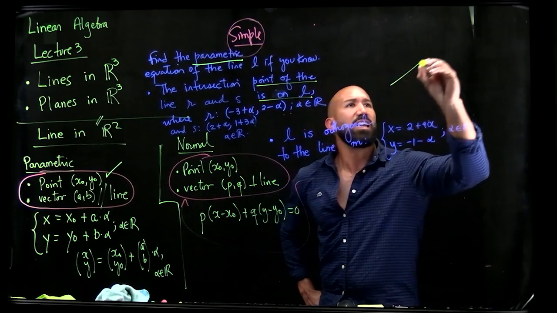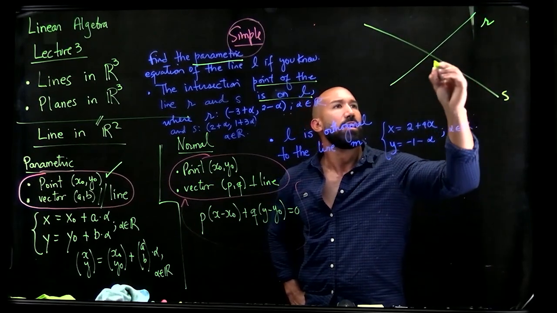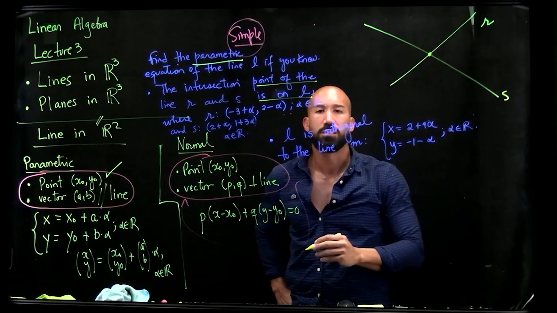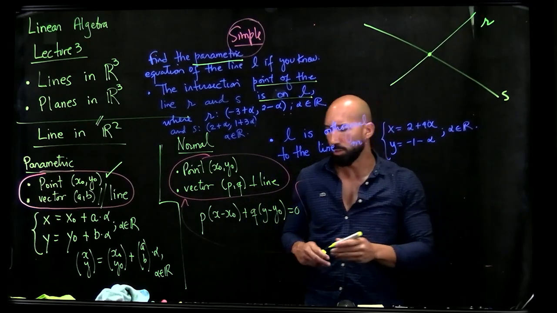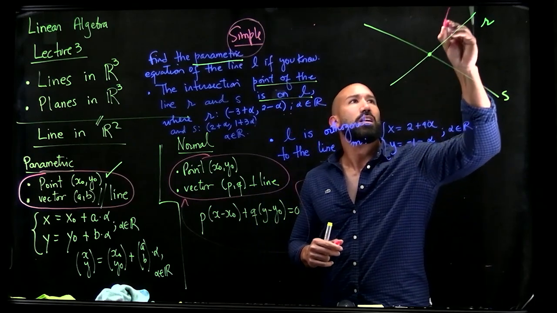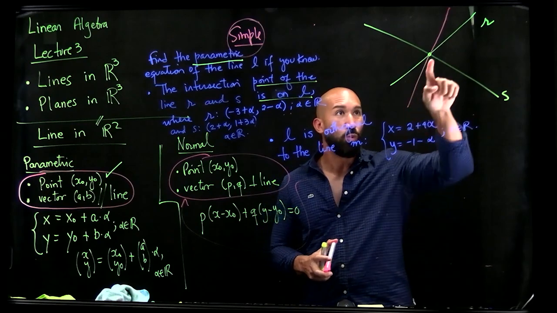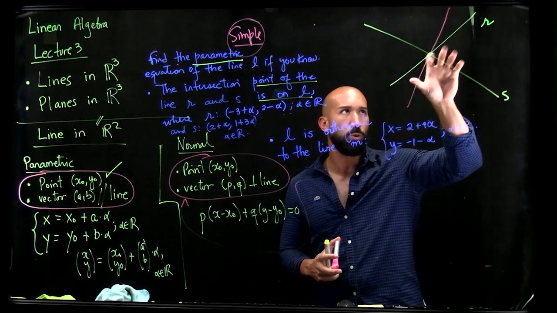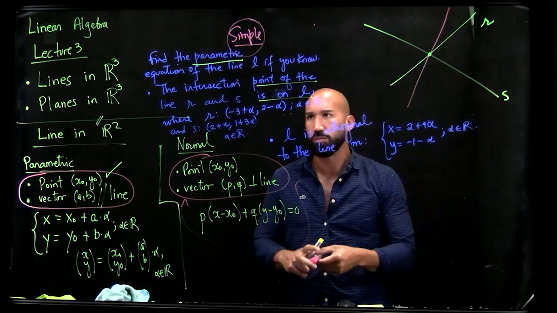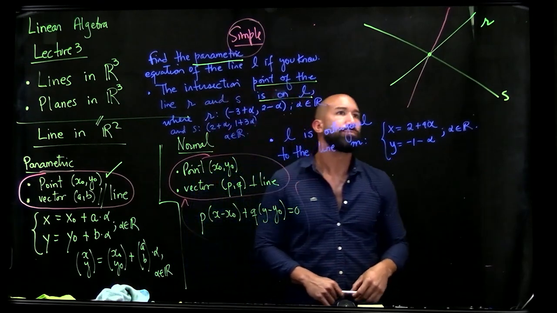Well, we have a line R, and we have a line S, and these two lines have an intersection point. And what we know is that L is passing across that intersection point. So if we want to know this point, we need to get the intersection point of these two lines. Is that okay? Is that good? All right.